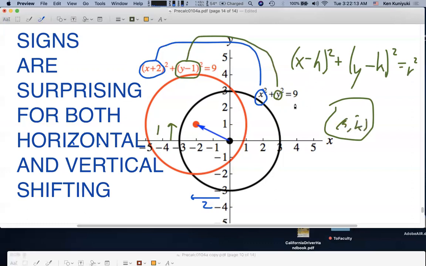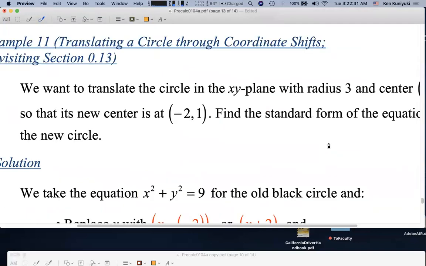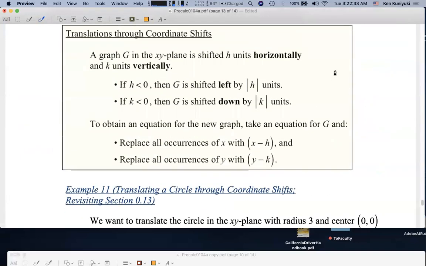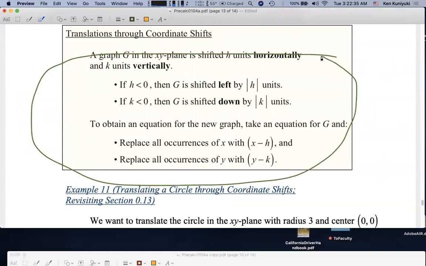Again, to translate h units horizontally, if h is negative, you go left. To translate k units vertically, if k is negative, you go down. You substitute or replace x with x minus h and y with y minus k in parentheses or grouping symbols. That's the general principle I articulate in this box.